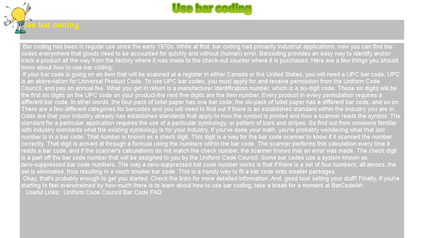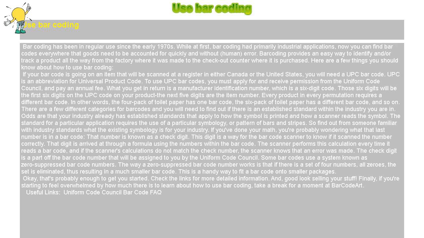If you've done your math, you're probably wondering what that last number is in a barcode. That number is known as a check digit. This digit is a way for the barcode scanner to know if it scanned the number correctly. That digit is arrived at through a formula using the numbers within the barcode.